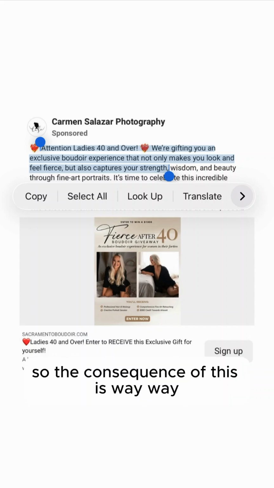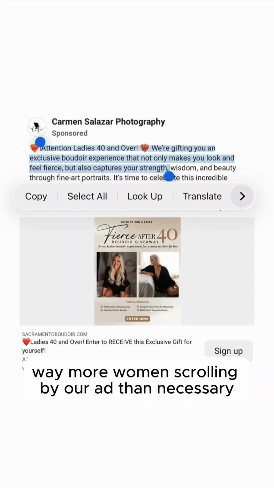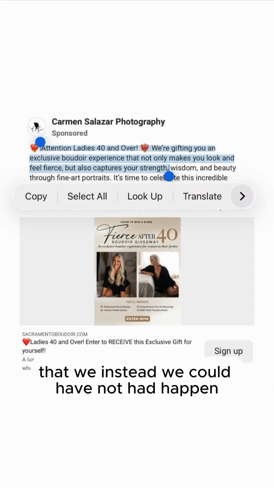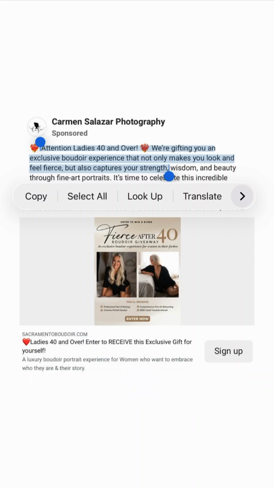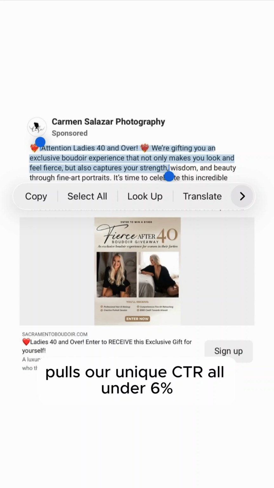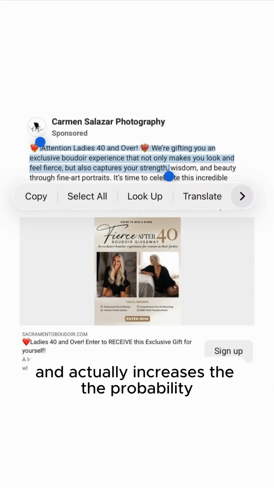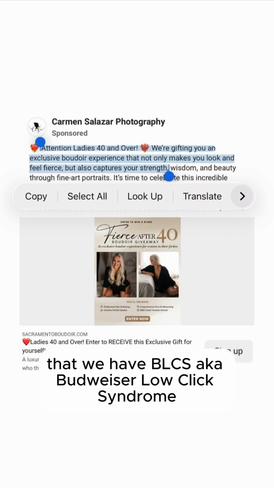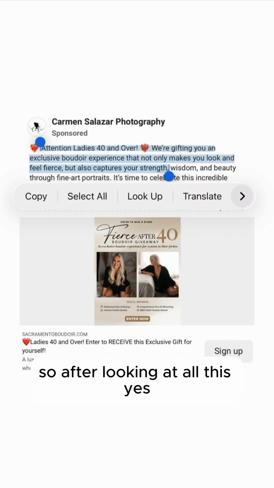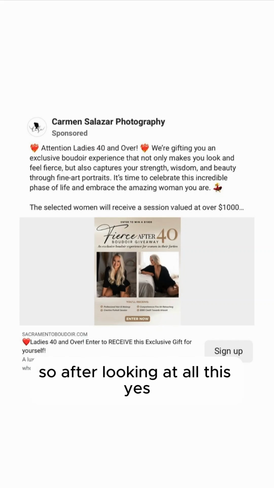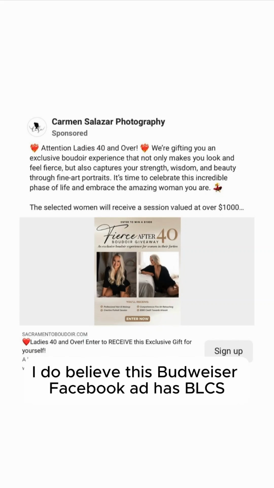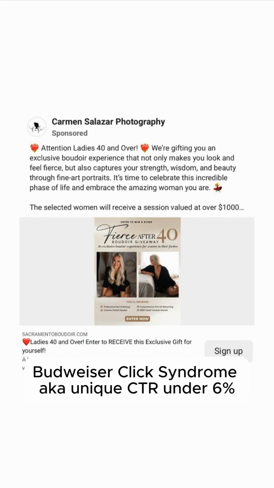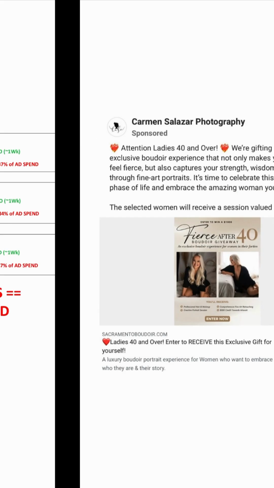So the consequence of this is way more women scrolling by our ad than necessary that we could have not had happen, and pulls our unique CTR under 6% and actually increases the probability that we have BLCS, aka Boudoir low click syndrome. So after looking at all this, yes, I do believe this Boudoir Facebook ad has BLCS, Boudoir low click syndrome, aka a unique CTR under 6%.